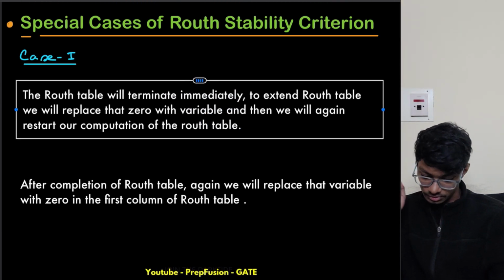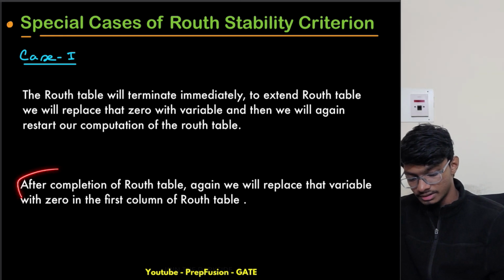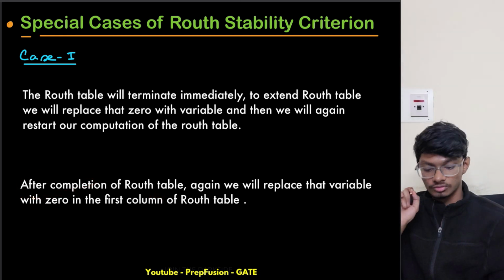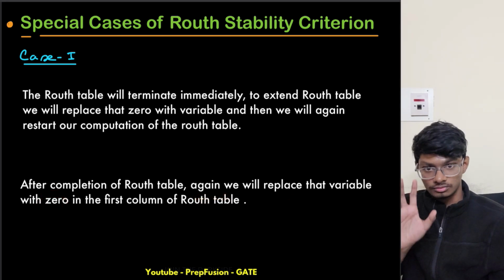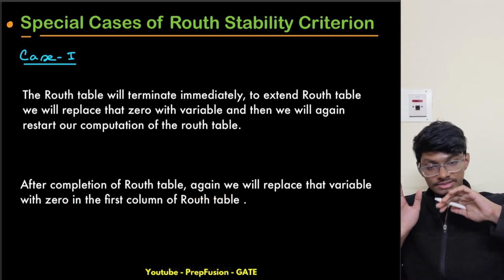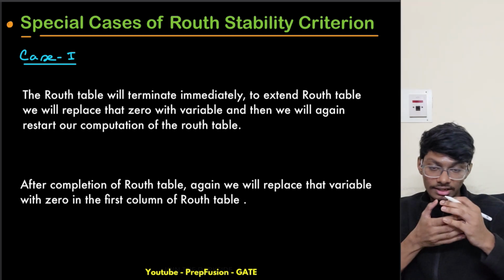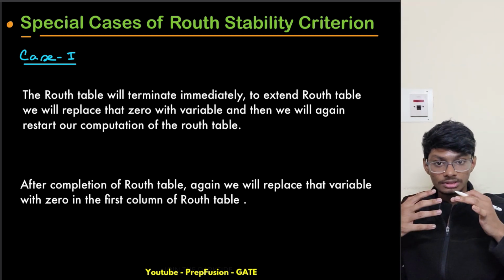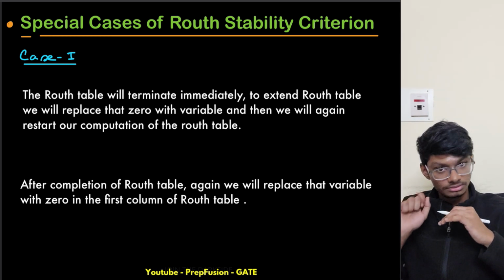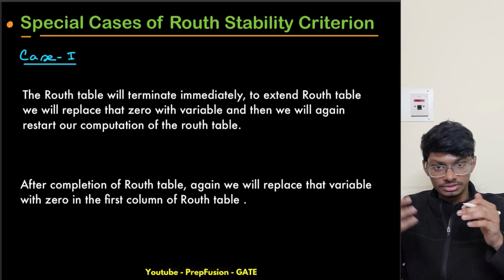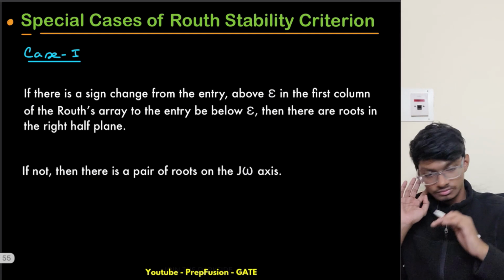After completion of the Routh table, we replace epsilon with 0 in the first column. After all the computations have been done, we replace epsilon equals 0 and see what the signs are in the first column of each element. Once we do one question, we'll understand. So this is what we do.